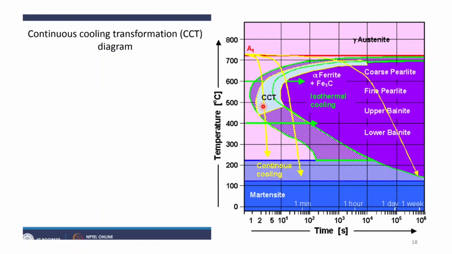In these diagrams bainite can't be formed, because bainite will come below the nose temperature and you are cooling continuously. So this one will have pearlite, and this one will again have fine pearlite. Okay, so if it doesn't touch this nose temperature and it comes from this side, then it will have martensite.